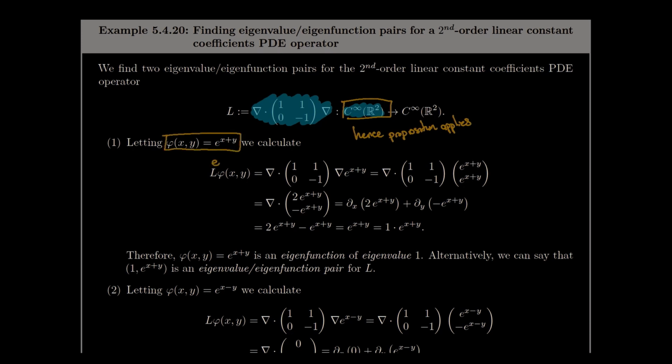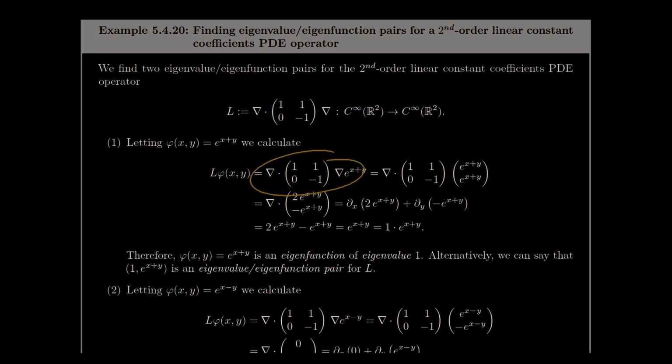This is really e to the (1, 1) dot (x, y), right? So it's a nice little dot product of one vector against (x, y). Call that my eigenfunction. Go ahead and calculate it out. You're just doing the gradient calculation, a matrix multiplication, the divergence calculation, and you just end up with, what do you know, an eigenvalue of 1 for this particular operator.